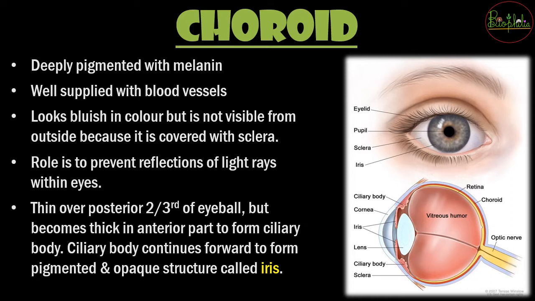Coming to the next part, that is the choroid. The choroid is the layer similar to the black paint inside a camera. What is the work of black paint?